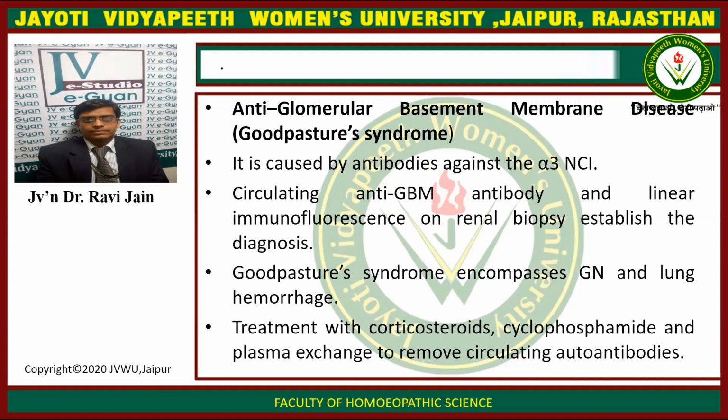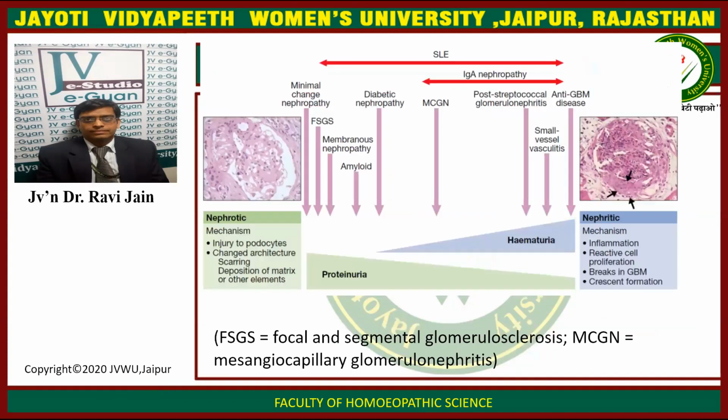Goodpasture syndrome encompasses glomerulonephritis and lung hemorrhage. The treatment is with corticosteroids, cyclophosphamide, and plasma exchange to remove circulating autoantibodies.